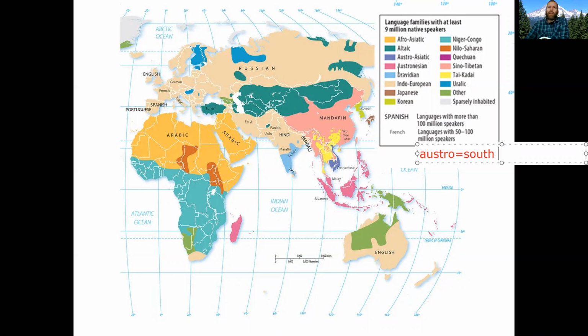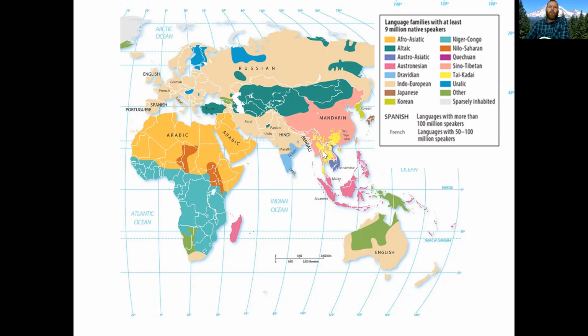And so in this case, Austroasiatic means South Asia. Of course, this is actually Southeast Asia, but that's what this is. And so that's the languages of Cambodia and many parts of Vietnam, okay? So Austroasiatic. Probably not super important to note, but I think it's worth pointing out.